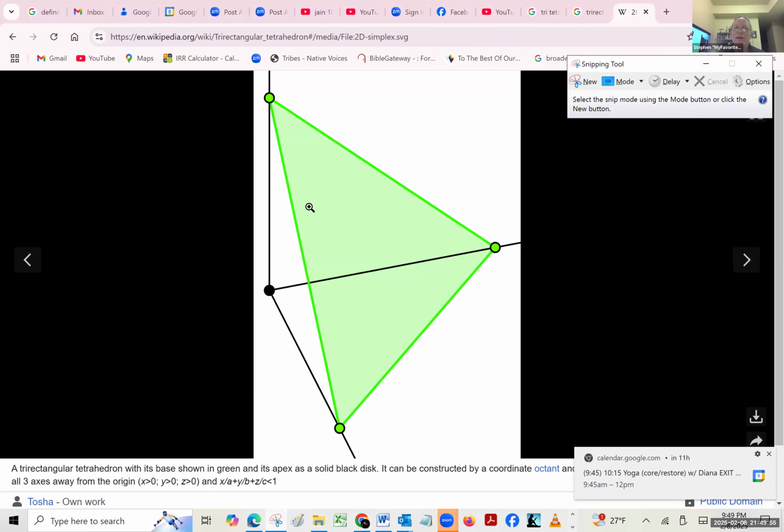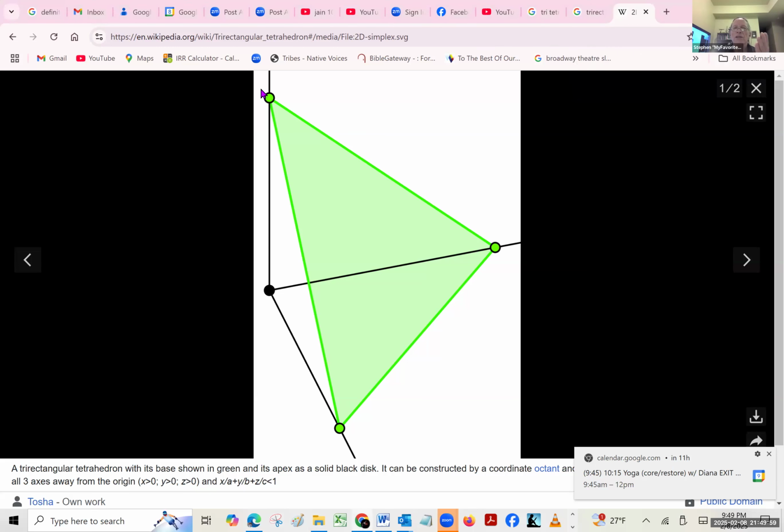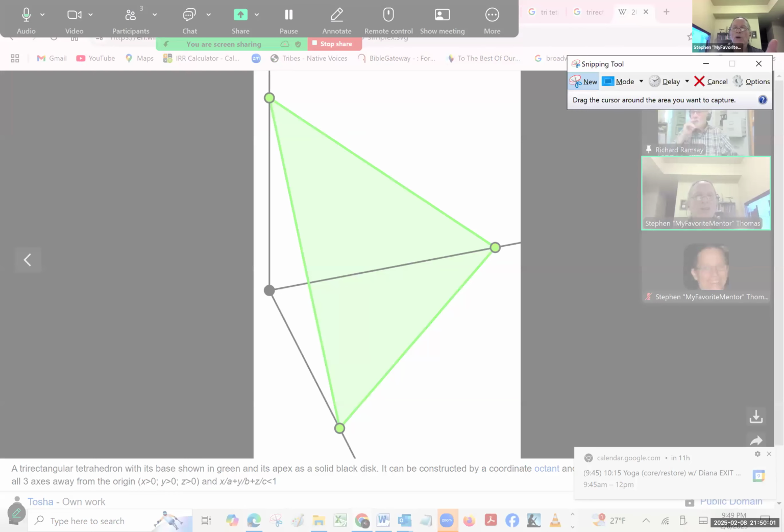And then this green thing is where I take the XYZ axis and I cut it in half. Or I just arbitrarily draw a point, because I'm going to say as an observer, I have a limited space of observation.